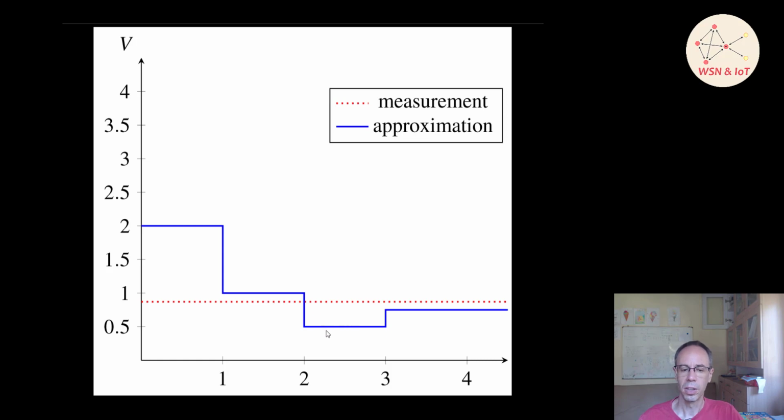Then we go to 0.5 volt, it's too low, and then we go to 0.75 volt, and then we are already quite near. This would be 4 steps in this case. And the ADC in the nRF52840 is this kind of ADC.